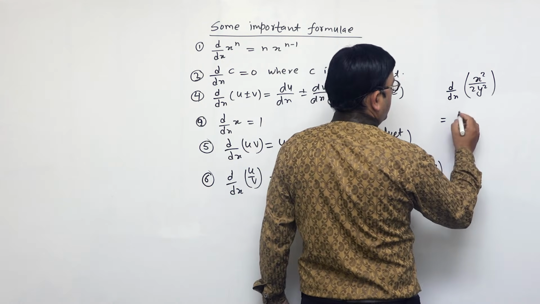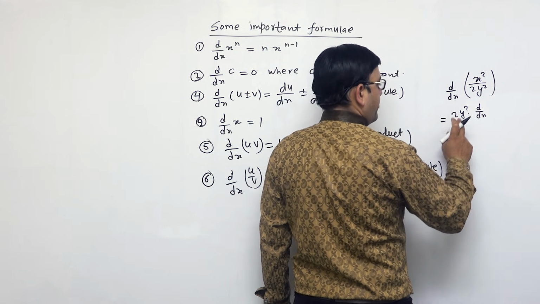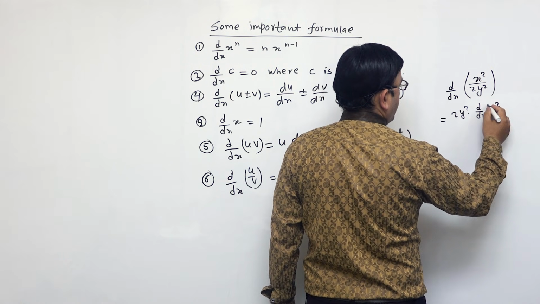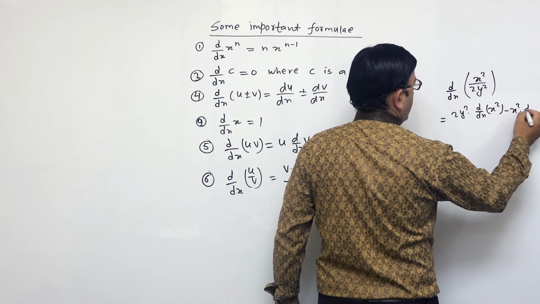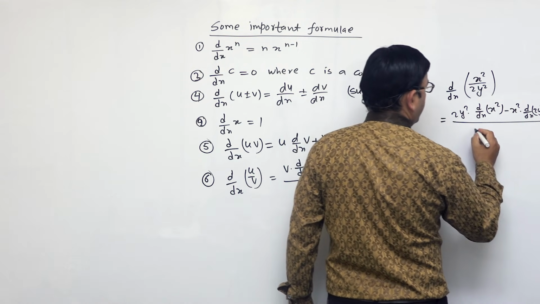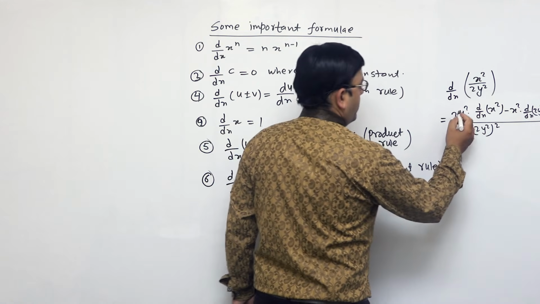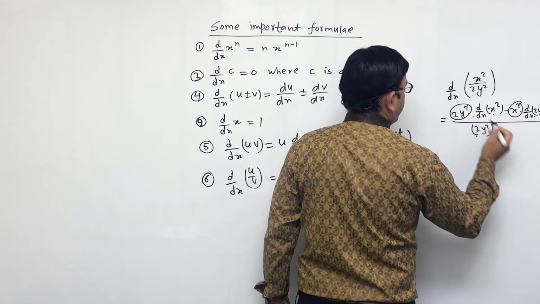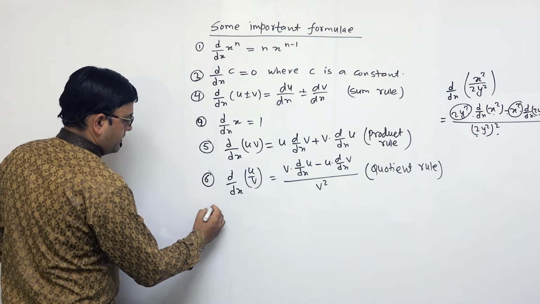So we have to write here 2y square times d by dx of x square minus u times d by dx of v, that is x square times d by dx of 2y square, whole upon v square, that is (2y square) whole square. According to the quotient rule, this is v times derivative of u minus u times derivative of v upon v square. Now how much the calculation comes to, we can do after this. Let's go to number 7.